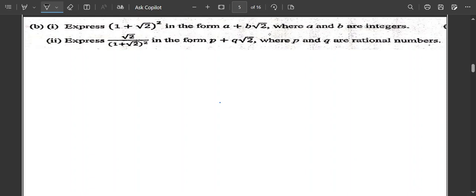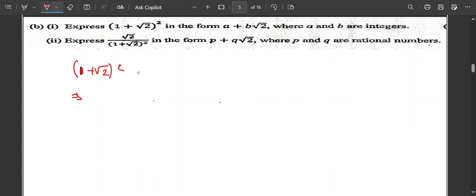Then express this one in the form of A over B. So what we need to do here is we have 1 plus root 2, squared, like that. Then we square this one.